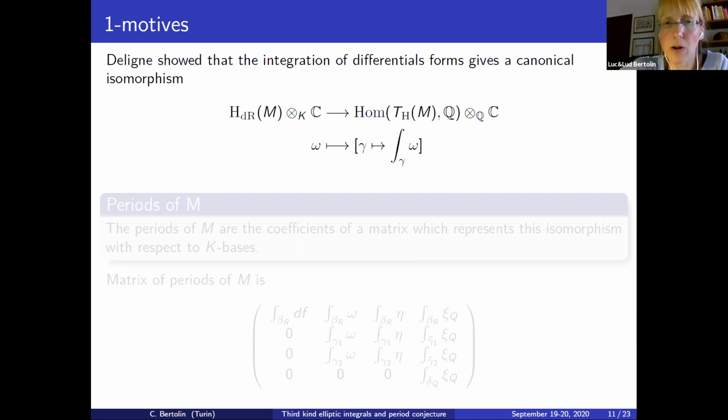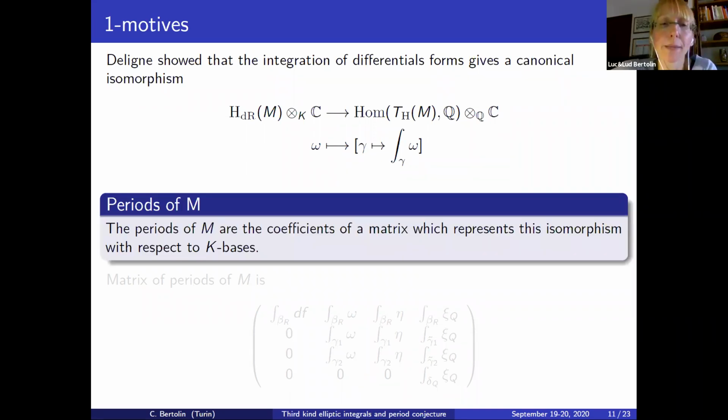This is a general fact, which is true for any projective variety, but Bertolin proved this isomorphism also in the case of one motif. The periods of a one motif are exactly the coefficients of a matrix which represents this isomorphism with respect to K bases.